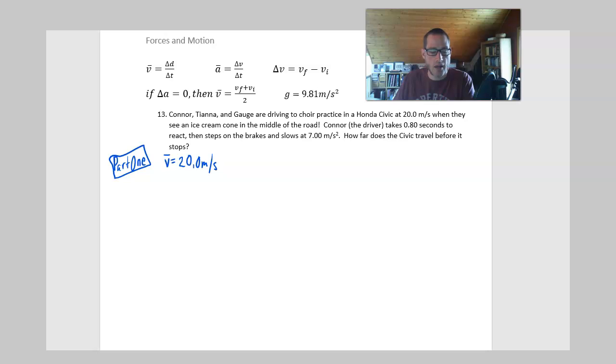Okay, and the change in time, delta t, is 0.80 seconds. And what are we trying to find? How far does the Civic travel before it stops? So we're going to find out how far it travels. I'm going to call this delta d1 because we're going to find out how far it travels in the second section as well. So let's do this one first, and then we'll do part two after this.